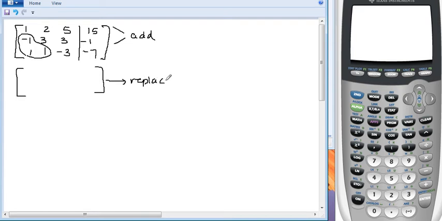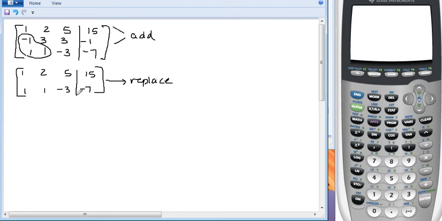That way, if you've made a mistake, you can go back, see what you've done, and check your work very easily. If I'm adding those two rows and replacing the second row, my first and third don't change, so I'm just going to write those the same way. I'm not going to change those yet.